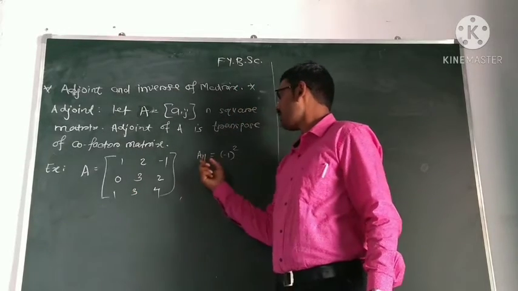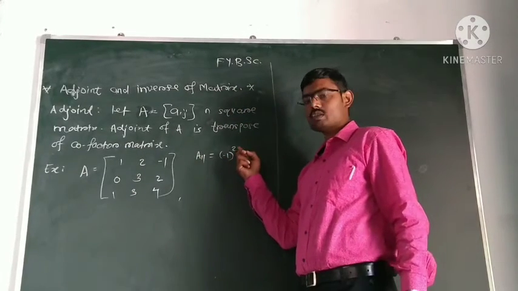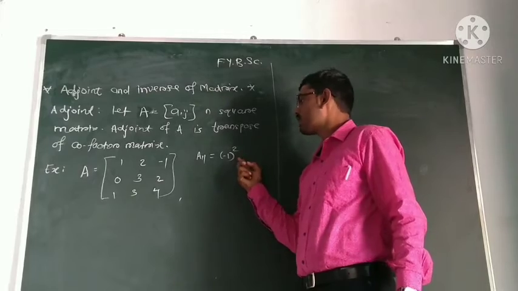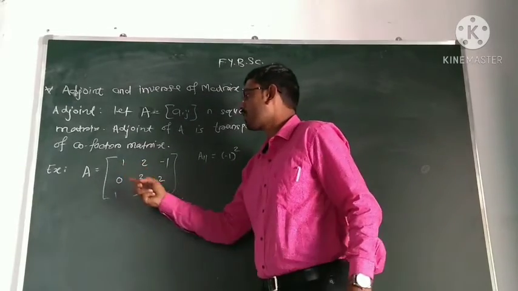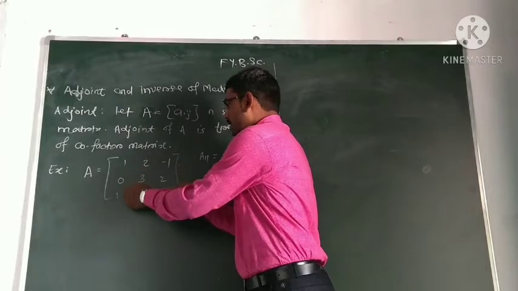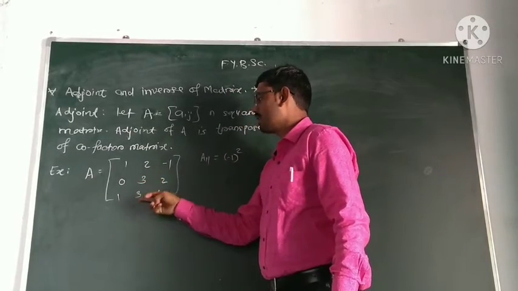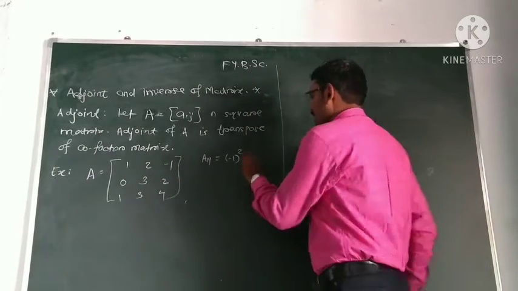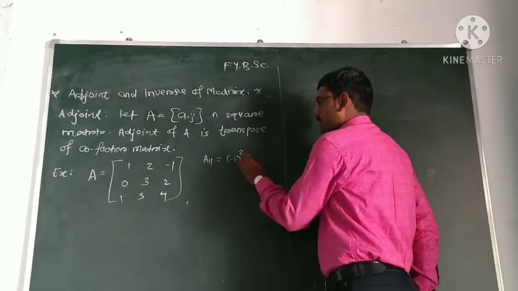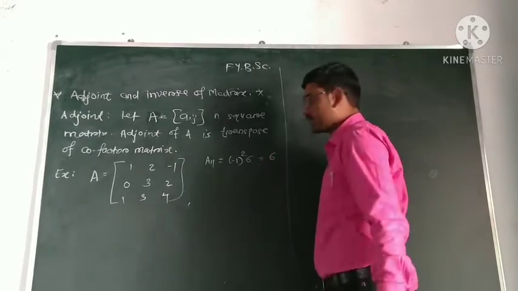So A11 is equal to minus 1 raised to power 2 into M11. The minor is the determinant of this matrix, so 4 into 3 is 12, minus 3 into 2, so 12 minus 6 is 6, and minus 1 raised to power 2 is plus 1, so plus 1 into 6 is equal to 6.